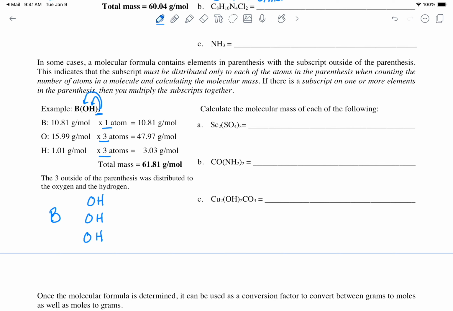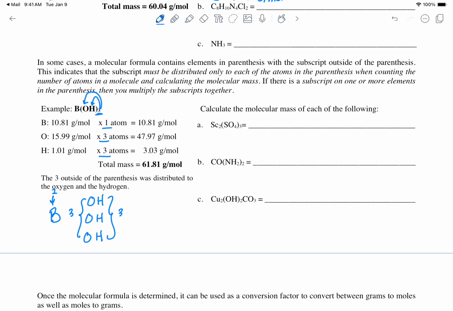So we can visualize our 1 boron, our 3 oxygens, and 3 hydrogens. Because whatever's in the parentheses wants to stay together, we can visualize those as individual units multiplied by whatever value is on the outside of the parentheses.